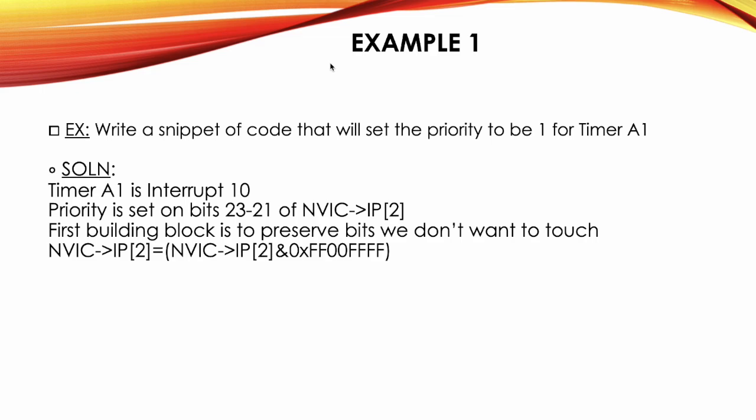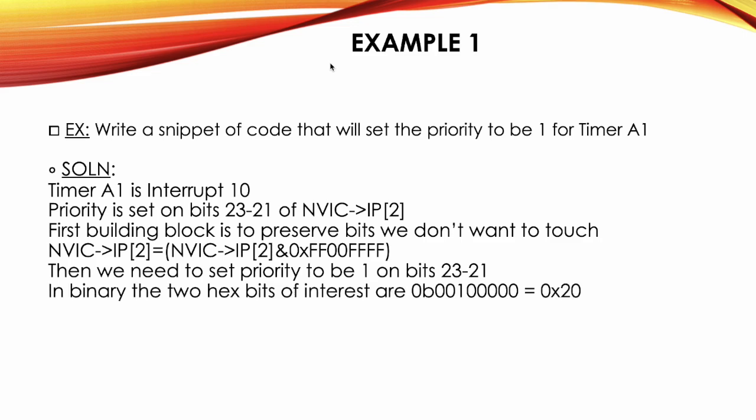So that would be for the first 8 bits, the next 8 bits. Then we're going to be changing the third set of 8 bits, and then 2 more after that would get Fs. Essentially that wipes the bits we care about and leaves everything else the same. Then we need to set the priority to be 1 on bits 23 to 21.